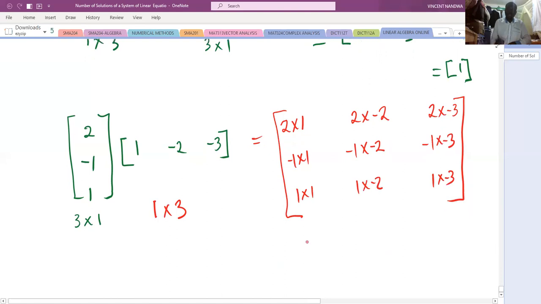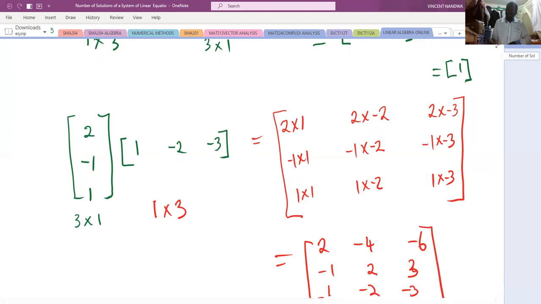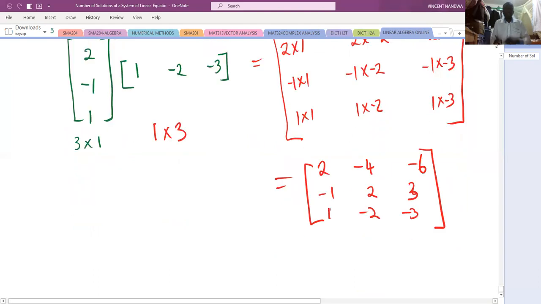And so you get 2, -4, -6, -1, 2, 3, 1, -2, and then -3. So this is the result for that given matrix.